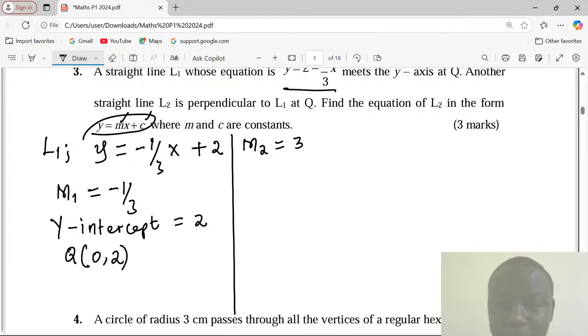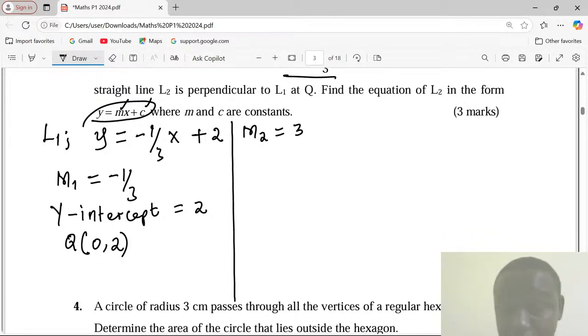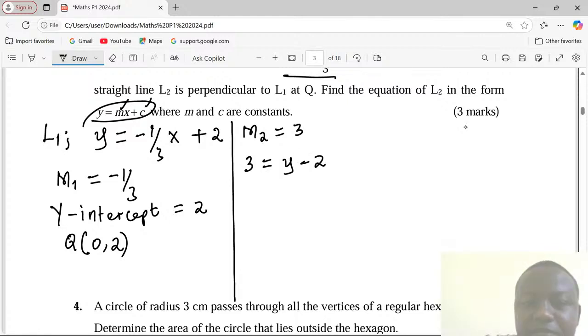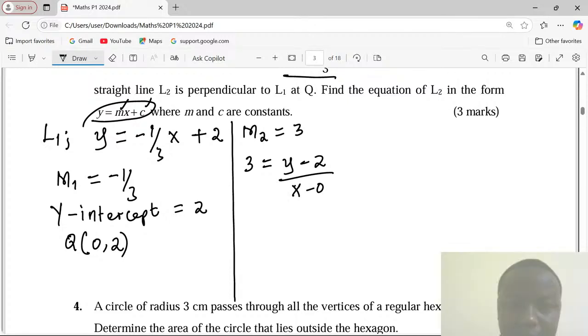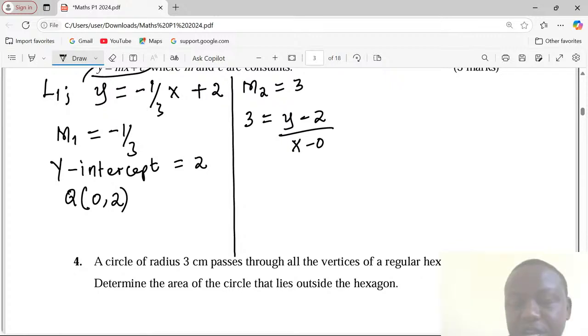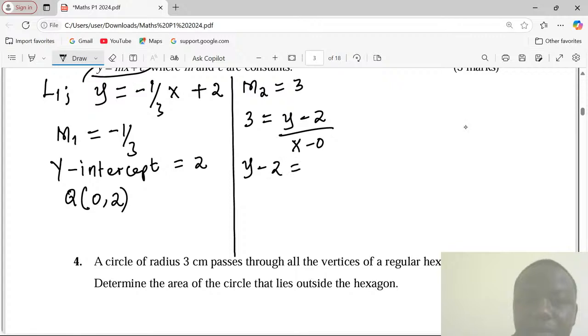Now, for the equation of L2, we have the gradient, and we also have the y-intercept. So that I may not lose some people along the way, allow me to express gradient as change in y divided by change in x. So we take y minus 2 divided by x minus 0. Change in x is x minus 0. Then we cross multiply to have y minus 2 equals 3x.